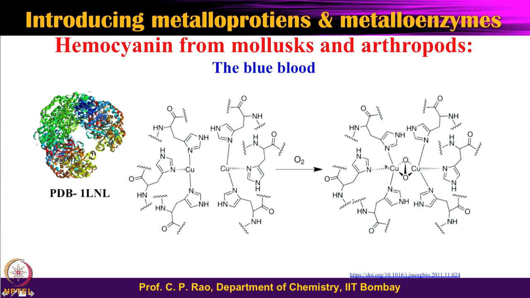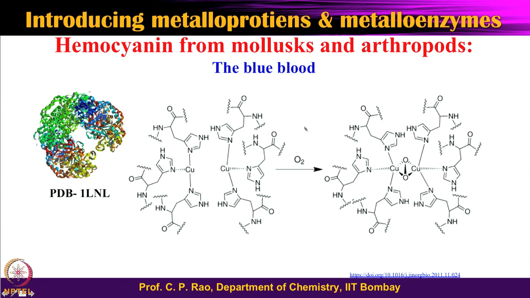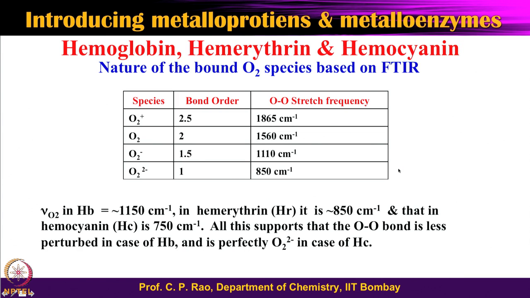Now, here copper 1 will go to copper 2, and there are 2 electrons in peroxo. So, here the peroxo is bridged very symmetrically, and in the previous case the hydroperoxo is not bound symmetrically. This is an unsymmetric peroxo, and this is a very symmetric peroxo. Therefore, your vibrational spectrum will differ.